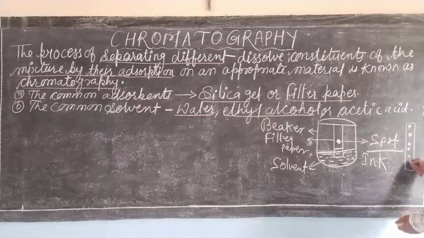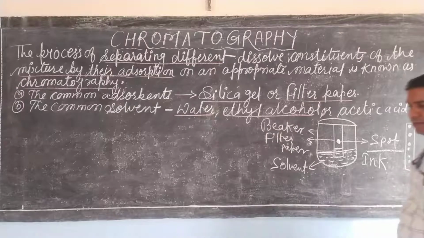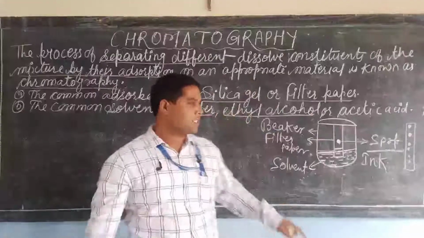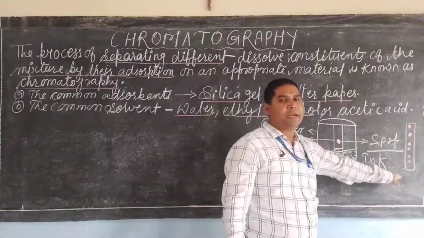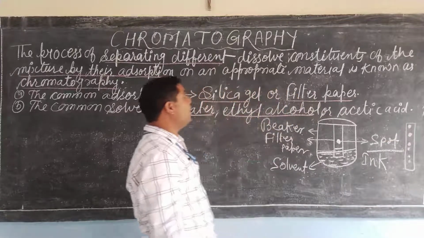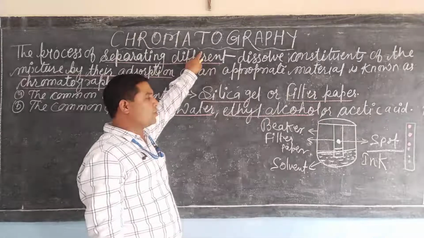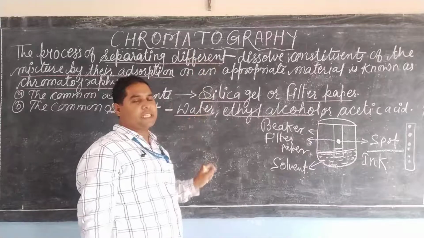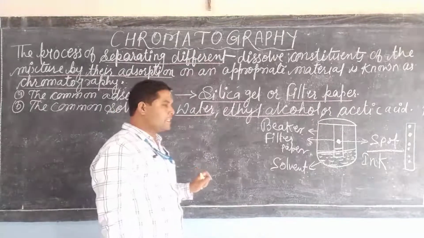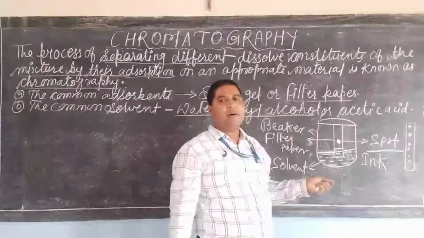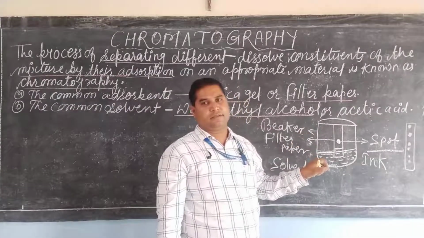So this way, the different constituents of that mixture are separated with the help of the process of chromatography. So basically, it is used to separate the pigment present in the color.